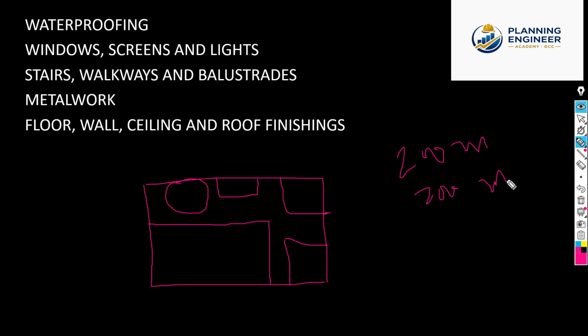It may be that in your case your project is very big, but there is only one building, and the building is very big. So that area's length and width is 200 by 200 meter. It may be, in your case.